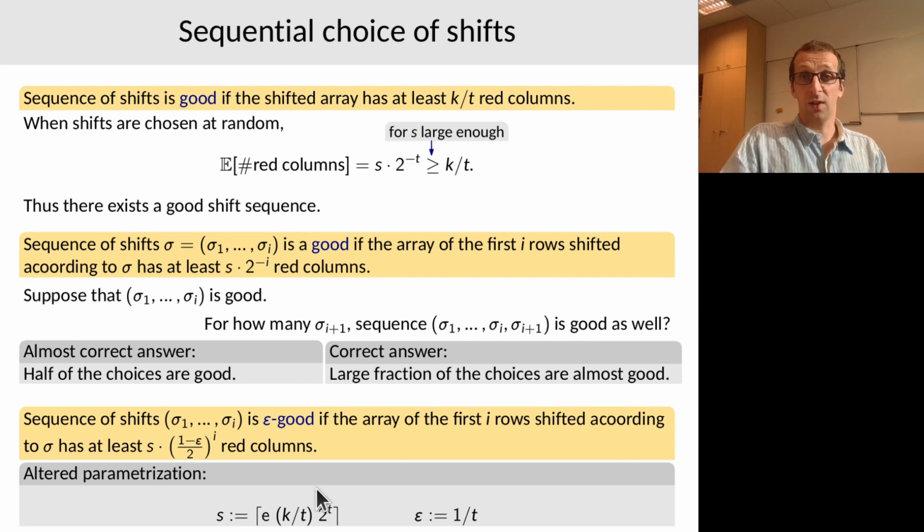But it turns out that it is sufficient to multiply it by Euler constant. So from now on, we will work with this altered parameterization. And within these terms, we can give a precise meaning to the correct answer. So large fraction means about epsilon over 2, and almost good means just epsilon good.